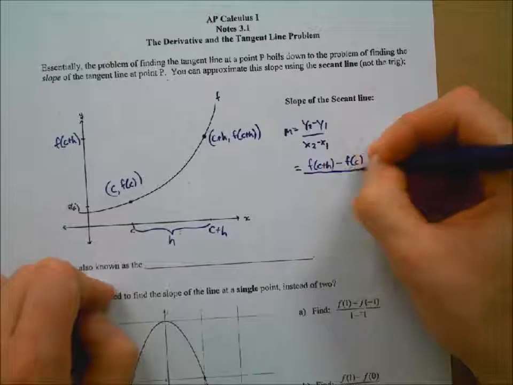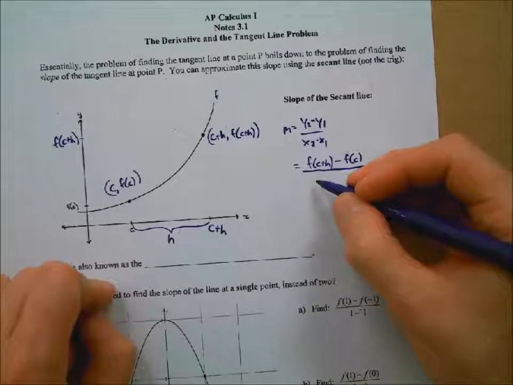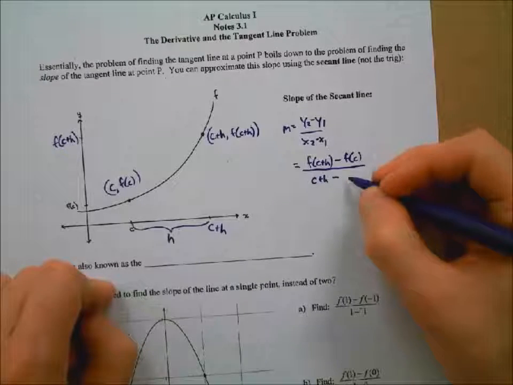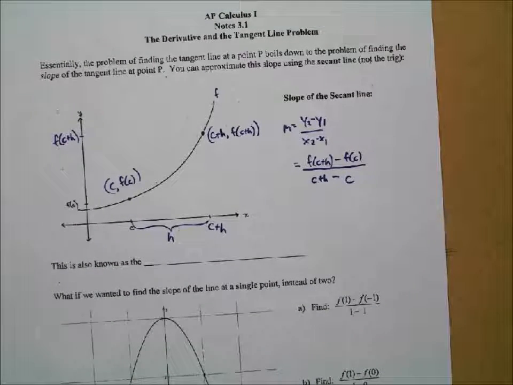Okay, what's our second x-coordinate there? C plus h minus, and what's our first x-coordinate? C. So there's our slope formula. Very generic. Okay, lots of variables going on there, but just a very generic secant slope formula for any kind of curve.